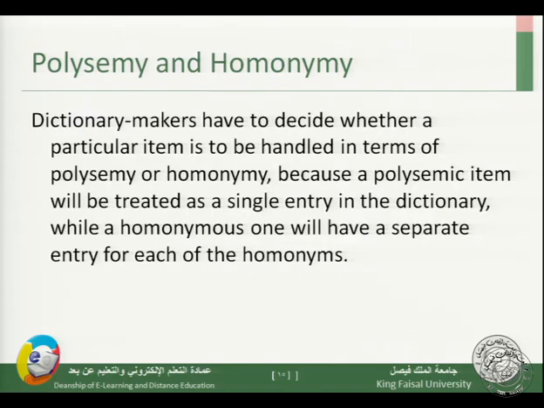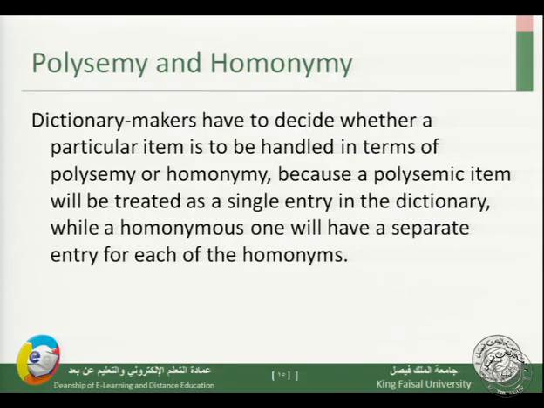This is important for dictionary makers. A dictionary maker needs to be able to decide whether the particular item he is handling is either a polysemous term or a homonymous term. So is it a case of polysemy or homonymy? Why is that important?